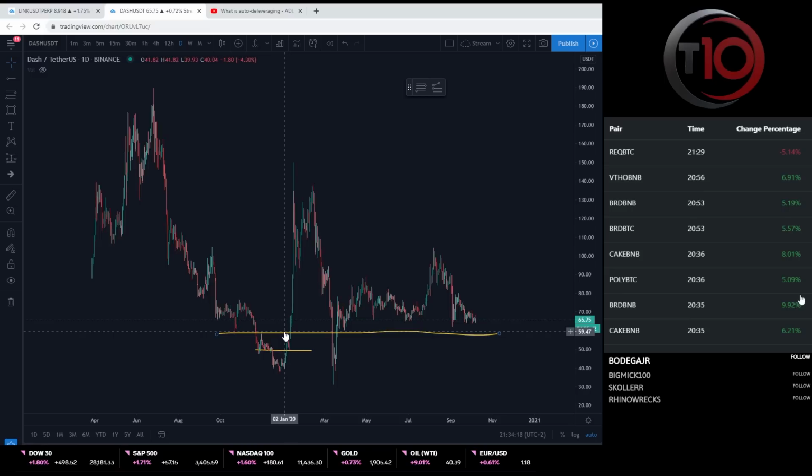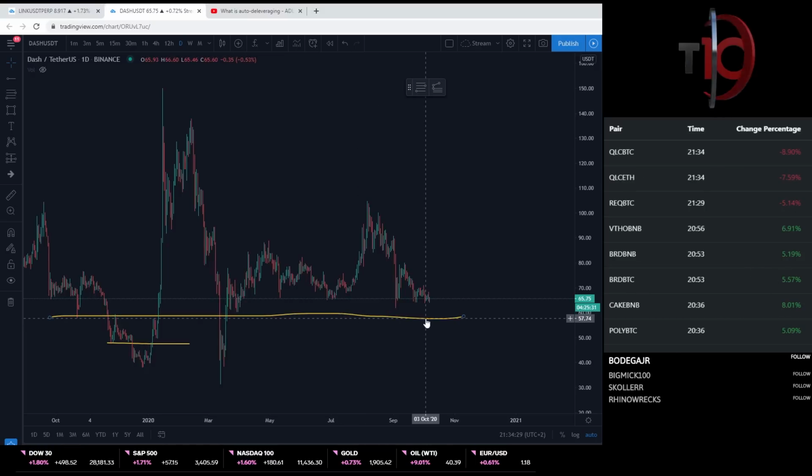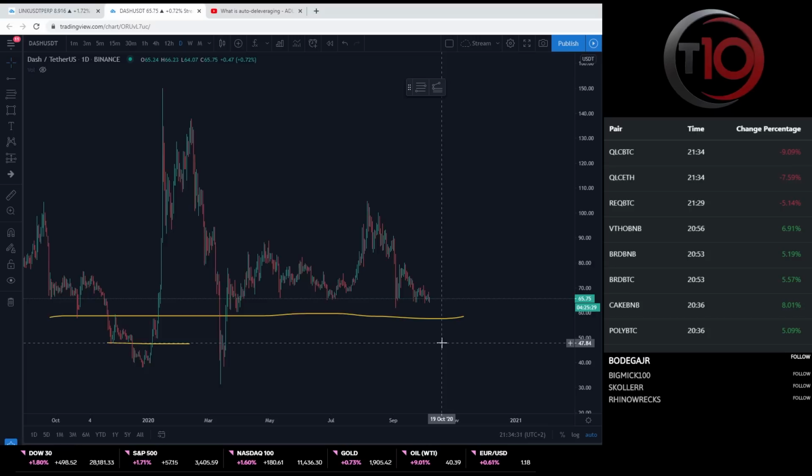This was when we gained and went higher. We'll test it again here. So we want to hold this one, and if not, I'm not entering unless we go down here, up, and hold again.